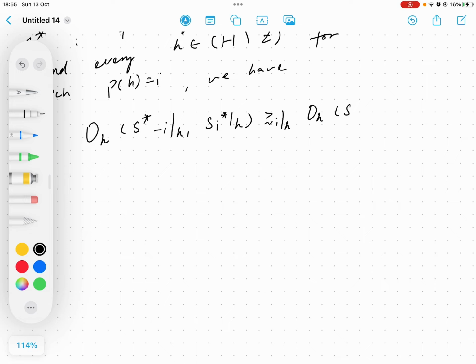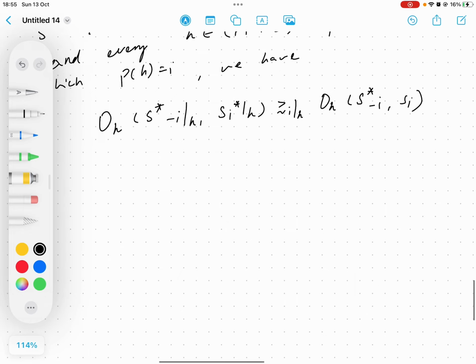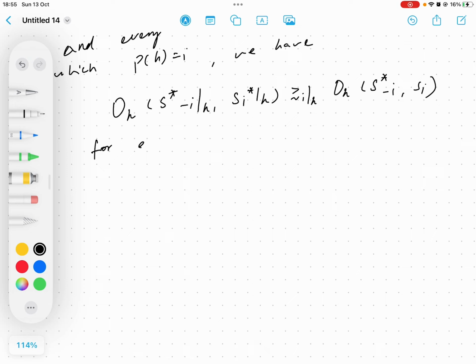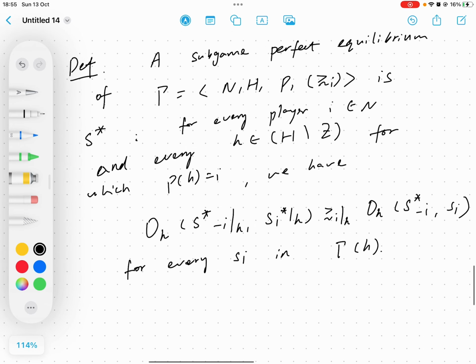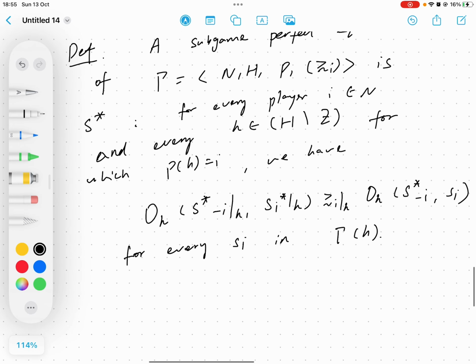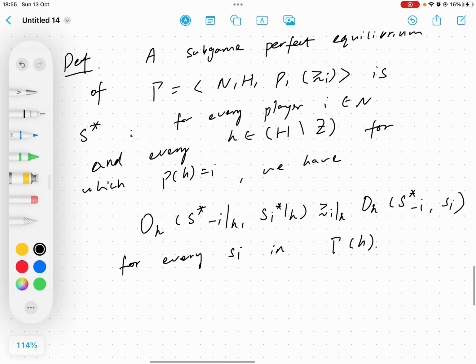And this doesn't change. Okay, and this SI is for every SI, right? In this gamma H, right? Okay, so that's the definition for the subgame perfect equilibrium. So it's just a Nash equilibrium, but it's true for every subgame, right? Okay, so that's the definition.